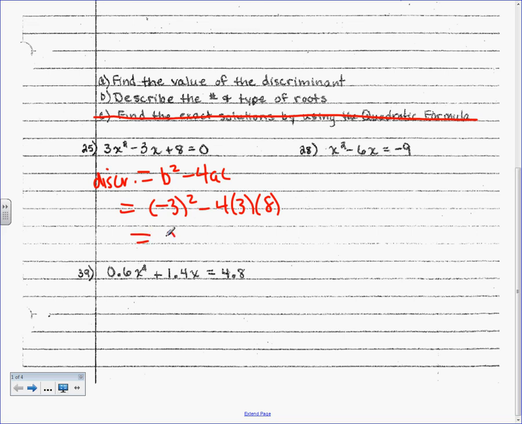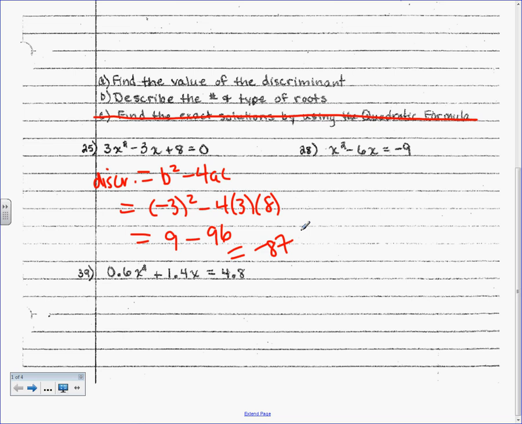So I end up with what? 9 minus, no, it's 24 times 4. 96. Take 9 minus 96. Use a calculator if you want, I don't care. Negative 87? Is that what you said? So my discriminant is negative 87. That's part A. Okay? Anybody confused by that?